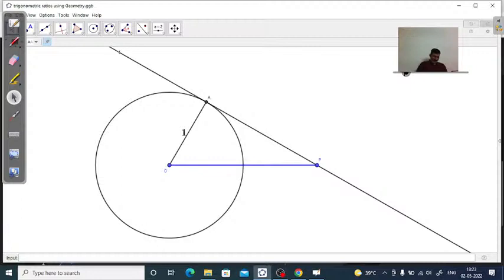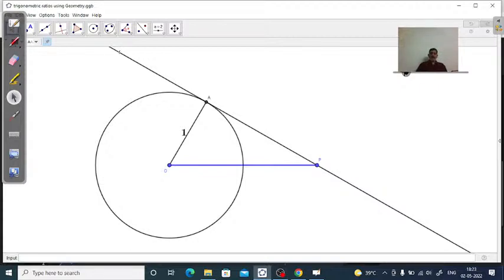If radius is 1, it is called a unit circle. Okay, so we considered a unit circle. It has center O and radius 1 unit.